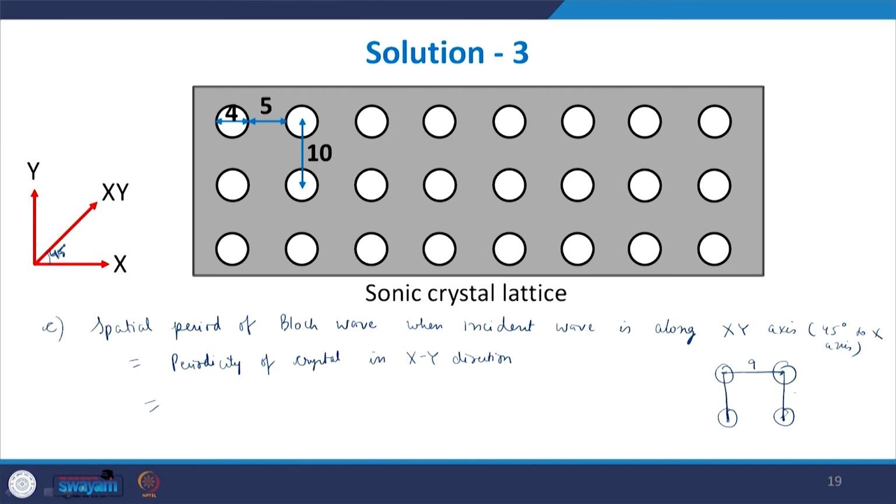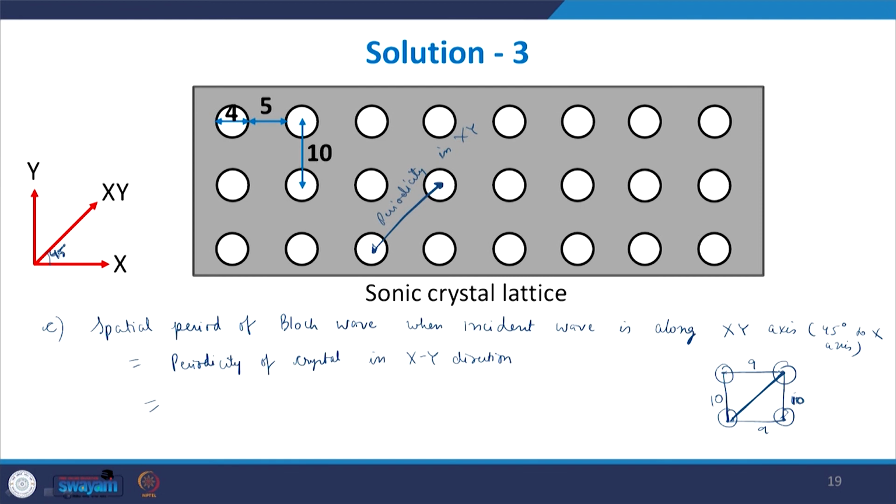These are the distances between the two in the two directions, and this is going to be the pattern. This is the distance which we have to find, the periodicity in xy. This is the length after which the pattern will repeat along this direction.